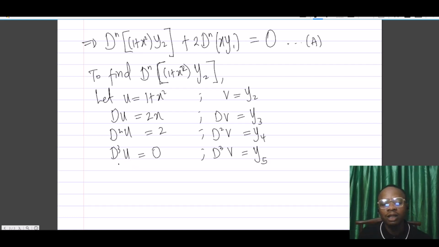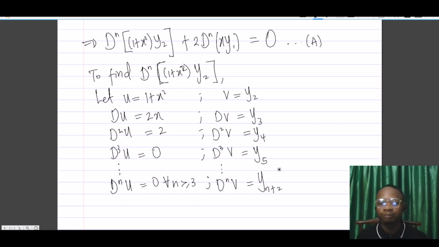And now we can generalize this. We can see that as we proceed, the nth derivative of u will be equal to 0, and this will happen for all n greater than or equal to 3. And then for this, we can generalize also, because the nth derivative of v will be equal to, going by this, we can see that the power here is 2 less than the power here. So basically, this is going to be y sub n plus 2. So we're good to go.